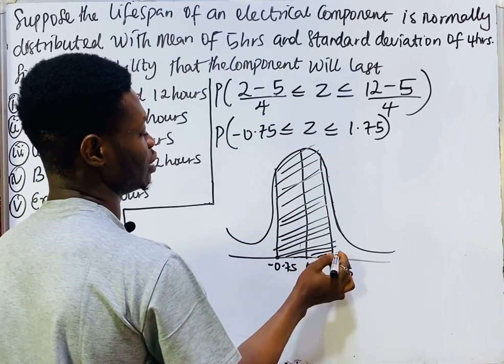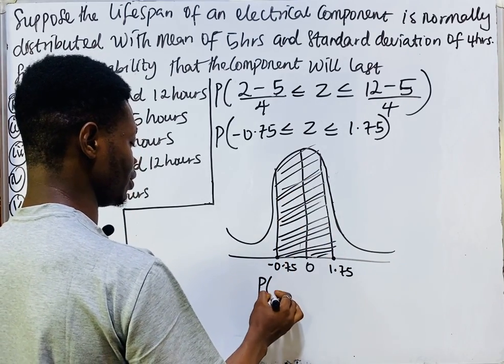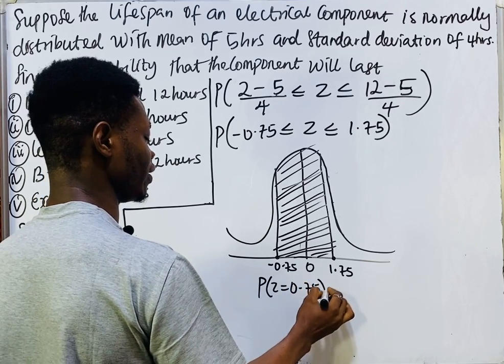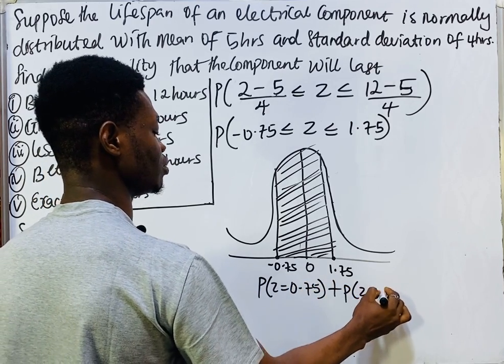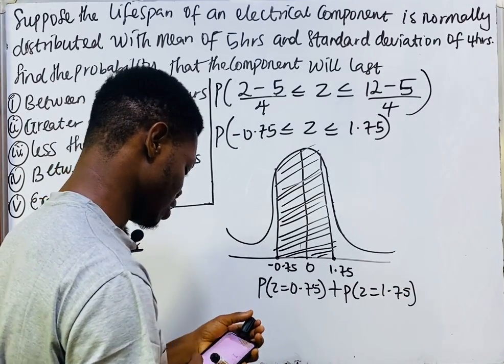So how can we find the area under this shaded portion? We look for P of Z equal to 0.75 plus P of Z equal to 1.75. When we add the two of them, we get the area under the curve.